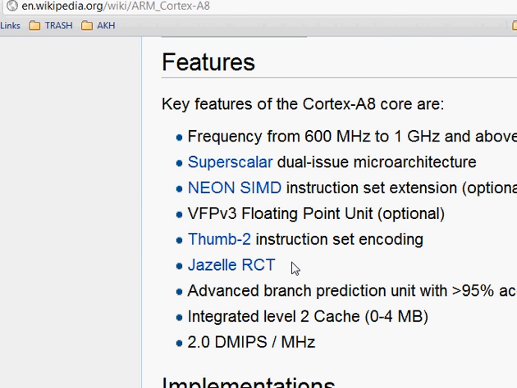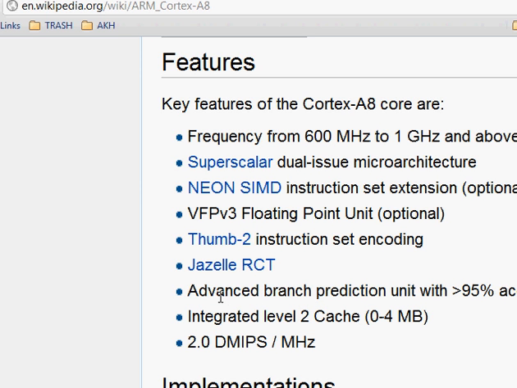I will give you the detail about it. There is the ARM instruction set, Thumb instruction set, and Thumb-2 instruction set. It has the features of Jazelle RCT. If you want to know a little bit more about it, you can just browse through all these links.